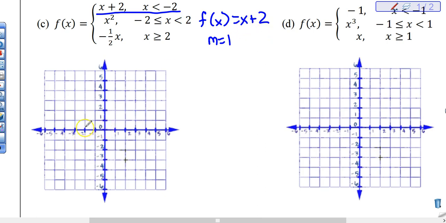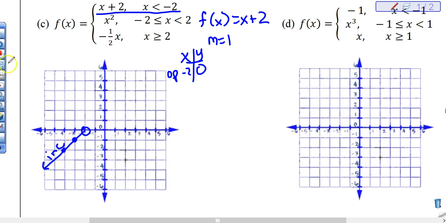So at -2, 0, should I open or close? Open at -2, 0. And if you have to make your t-chart to figure it out, just open it up, -2, plug in, get a 0. Slope of 1 means you rise 1 and run 1, but I can't go to the right. So what should I do? Left and down. Is that a positive slope? Yep. So that's increasing as I read it left to right.